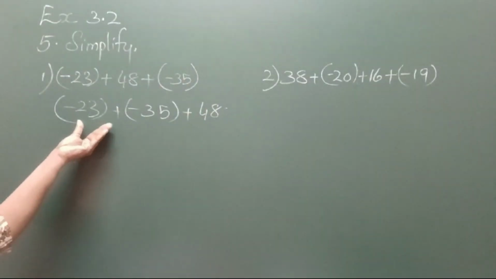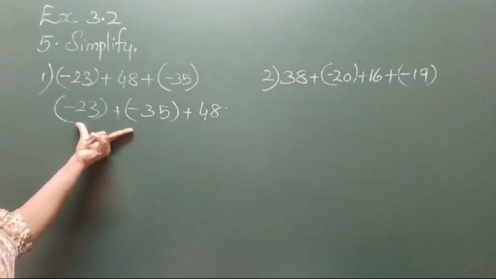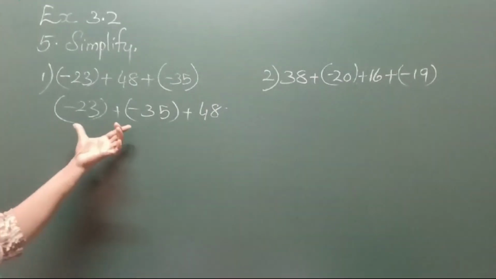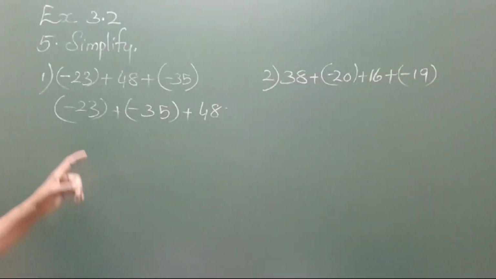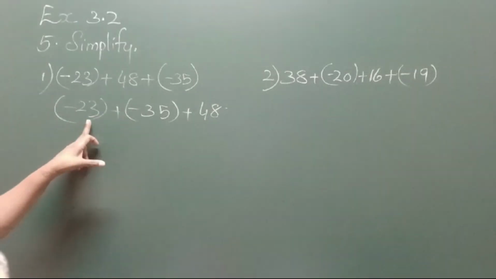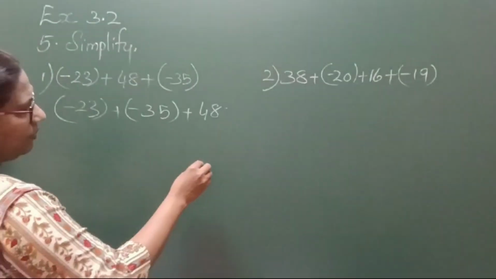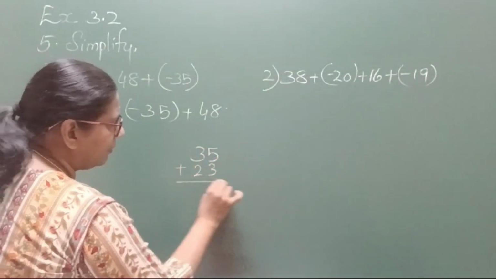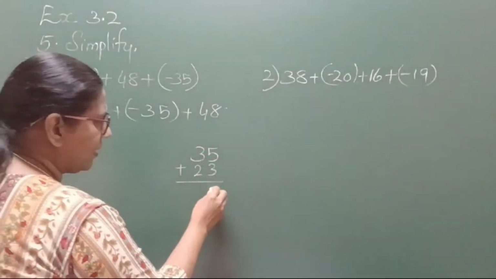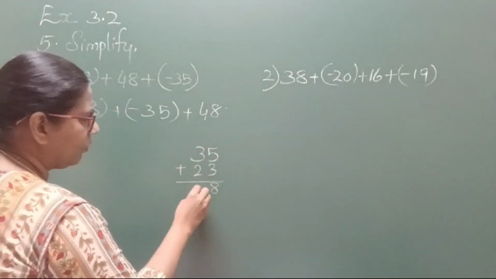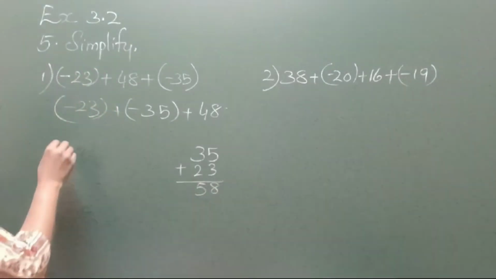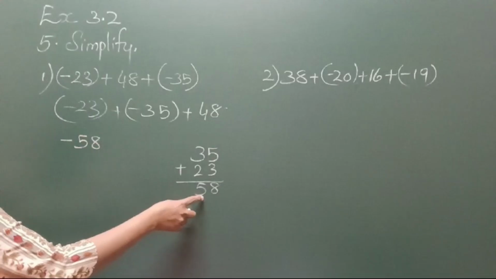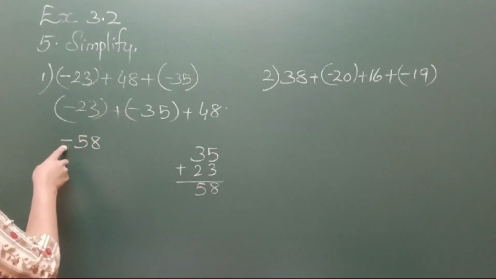When two negative integers, or the same kind of integers, come, we add and give the common sign. So 35 plus 23. 5 plus 3 is equal to 8. 3 plus 2 is equal to 5. So we got the answer minus 58. The answer is 58, and the common sign is minus.